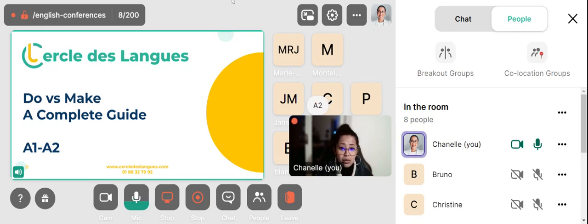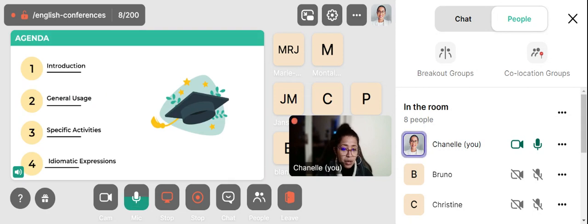So as we know, do versus make is the verb faire en français. And in English, it is split into 2 verbs. So today we will be looking at an introduction generally. We will then look at the general usage of do and make.